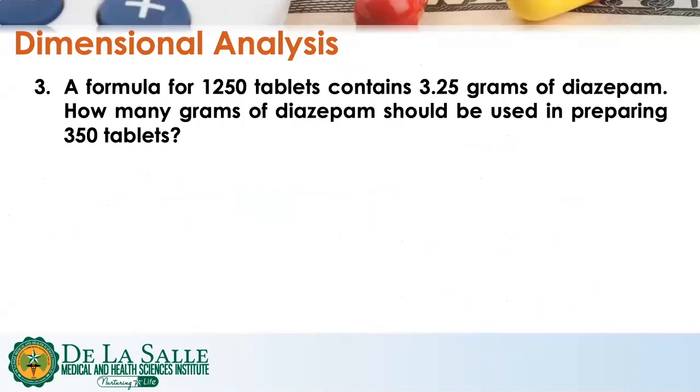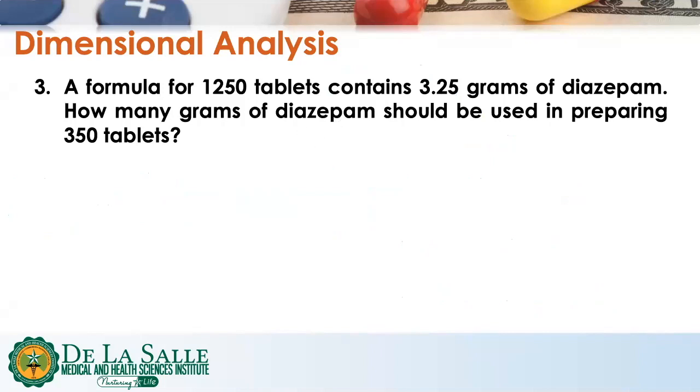Let's try some more. Question number 3. A formula for 1,250 tablets contains 3.25 grams of diazepam. How many grams of diazepam should be used in preparing 350 tablets? Just like what we did in the first question, we will identify the given quantities.